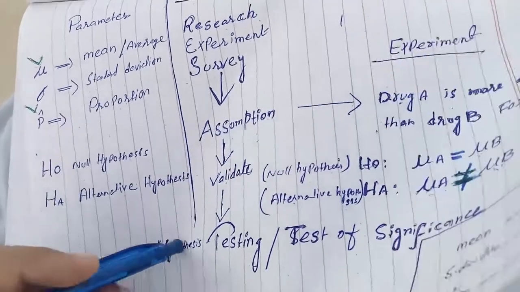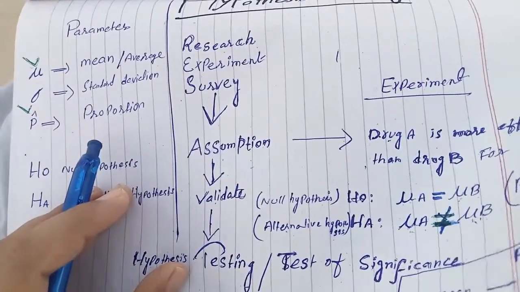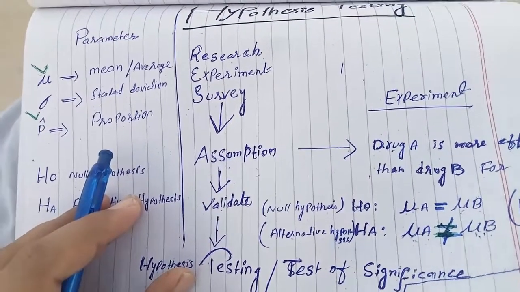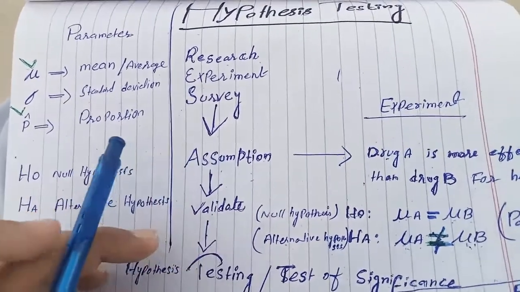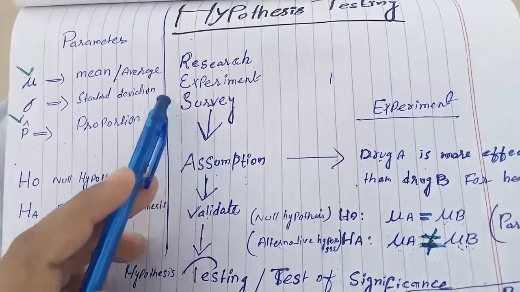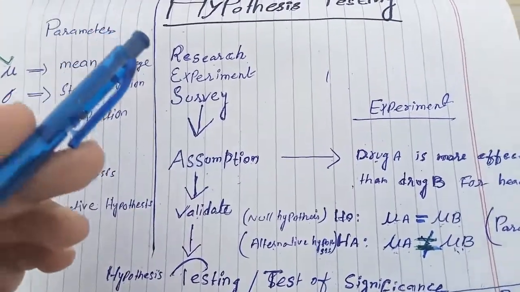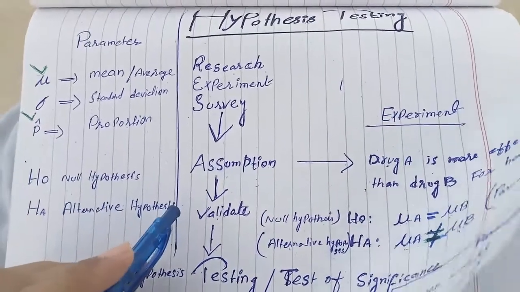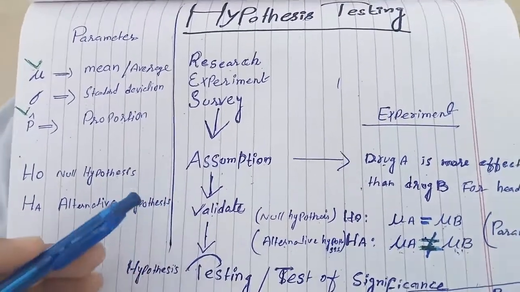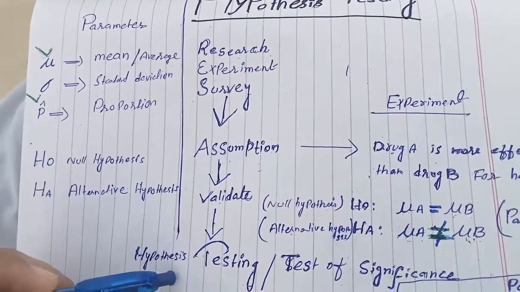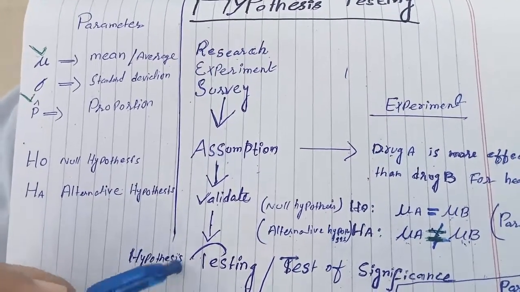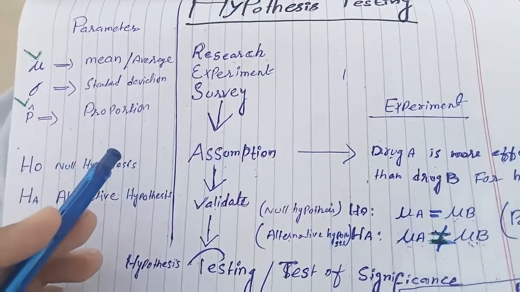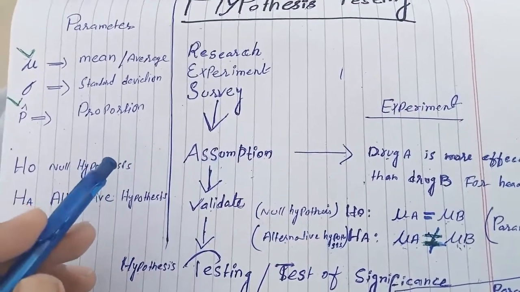Basically, hypothesis testing is the inferential method where we try to validate any assumptions or claim of any survey, experiment, or research, right? How do we validate the assumptions or claim with the help of hypothesis testing? Obviously, by supporting it or by rejecting it on the basis of evidence, right?